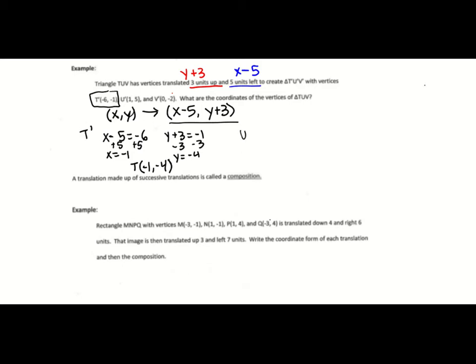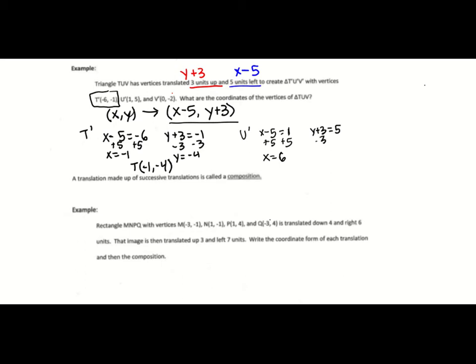So if we look at U prime, we have x minus 5 is equal to 1. This means we add 5 to both sides, x equals 6, and y plus 3 is going to equal 5.